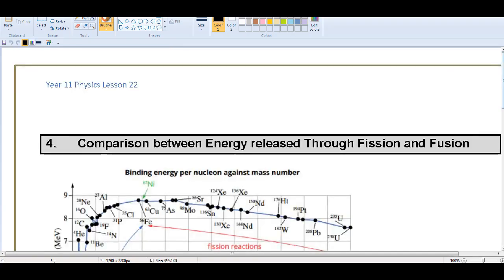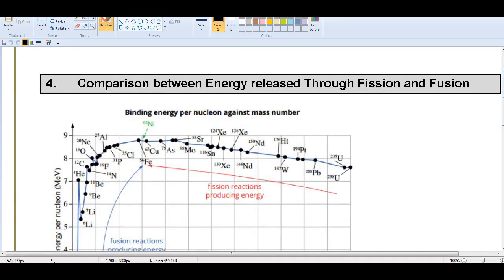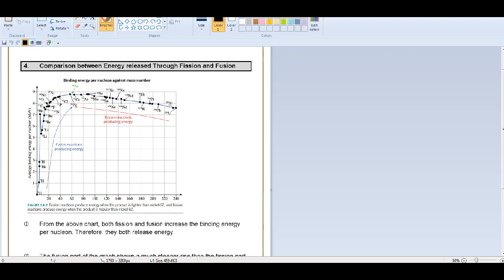So here we've got fission and fusion, and we need to compare the energy release. First of all, fission and fusion come from two opposite ends of the chart.